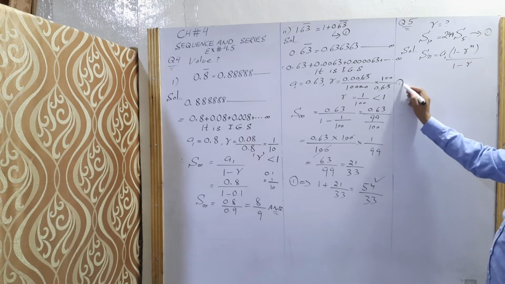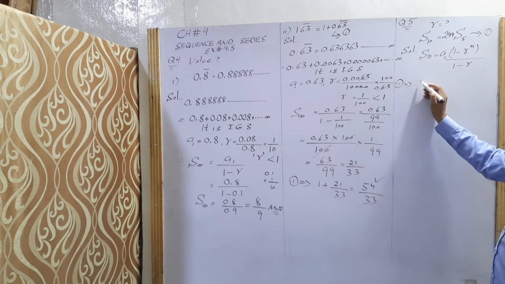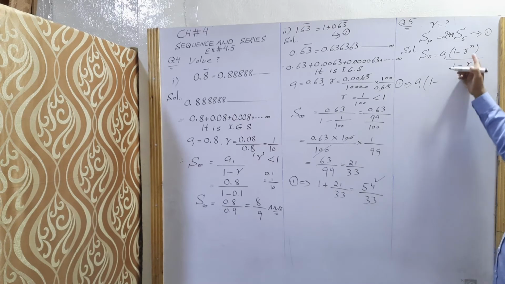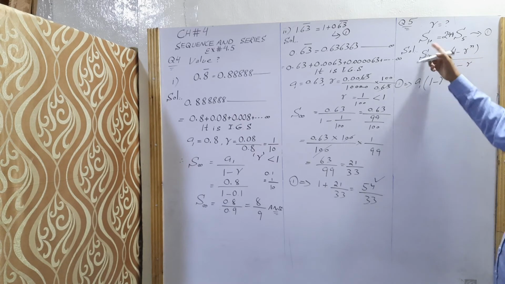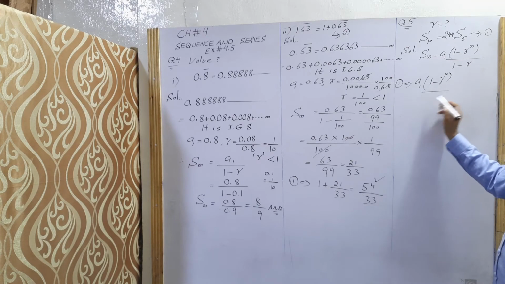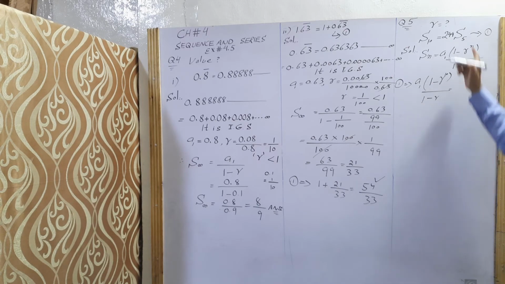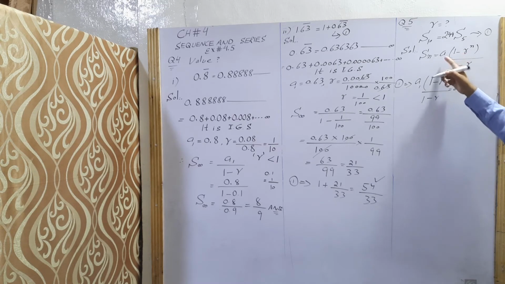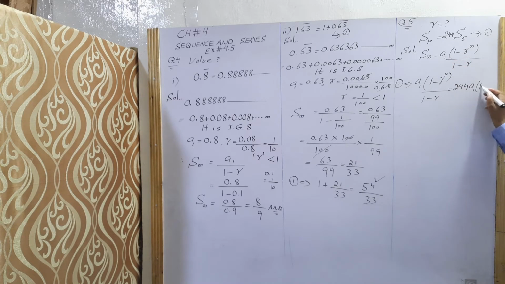So equation 1 implies that S10, meaning a1 times (1 minus r to the power 10) divided by 1 minus r, is equal to 244 times a1 times (1 minus r to the power 5) divided by 1 minus r.